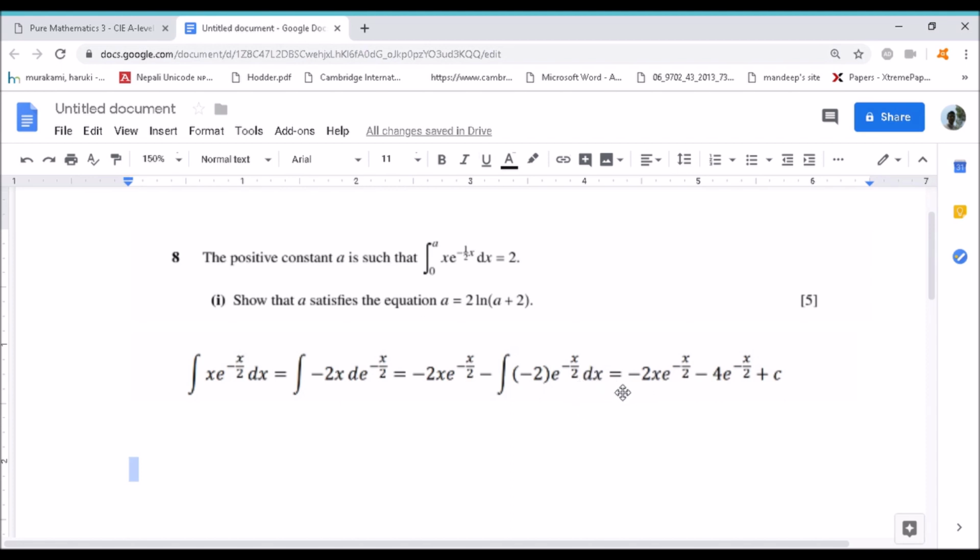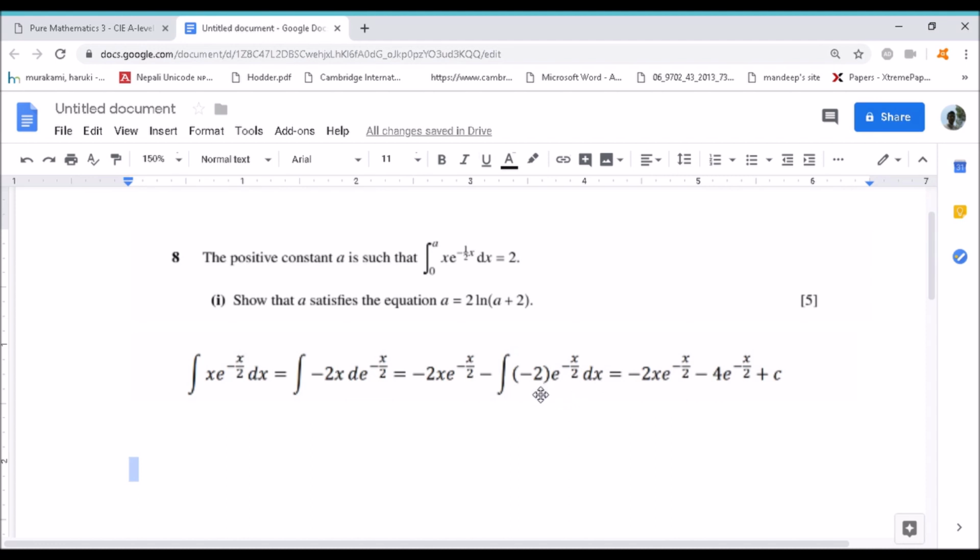So this is going to be -2x e^(-x/2), and the integration of -2 e^(-x/2) is going to be -4 e^(-x/2), because the integration of e^(-x/2) is -2 e^(-x/2).